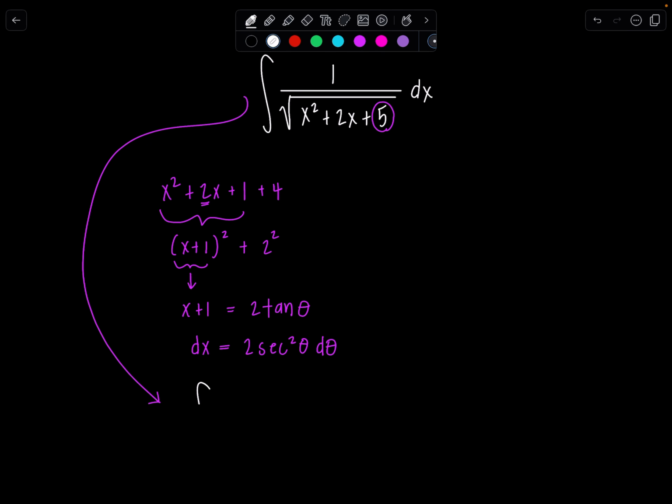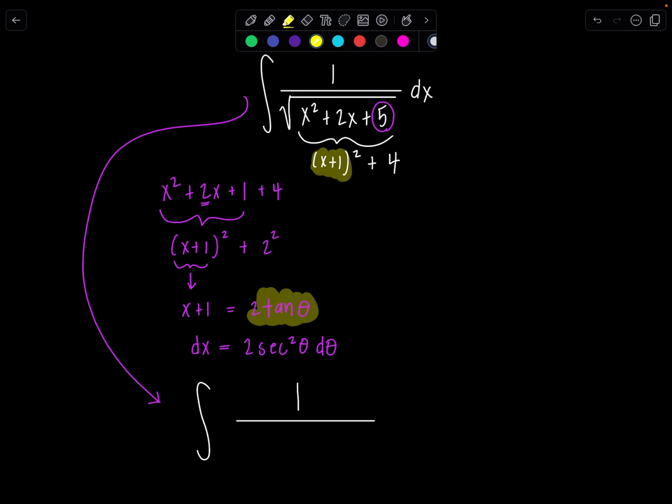I'm going to rewrite everything. I have 1 over, and then remember, this is basically underneath the radical, right? We have x plus 1 squared plus 4, 2 squared. So x plus 1 squared is going to be 2 tangent theta quantity squared.